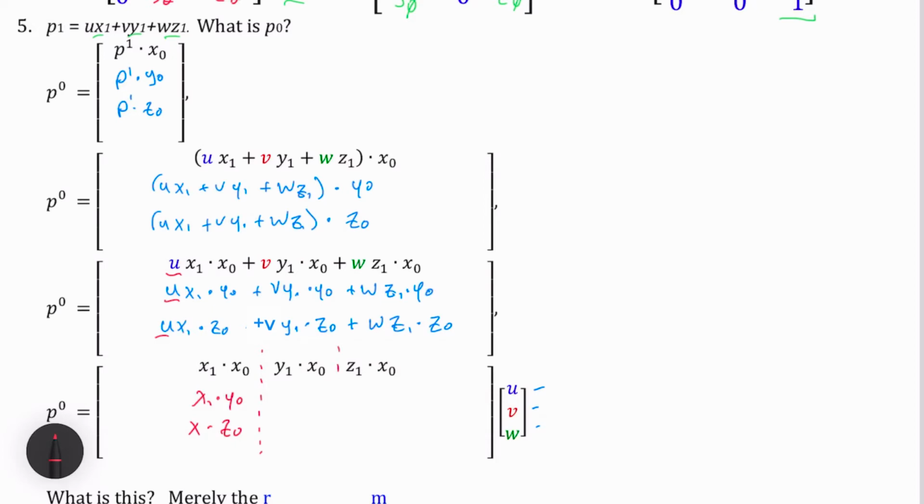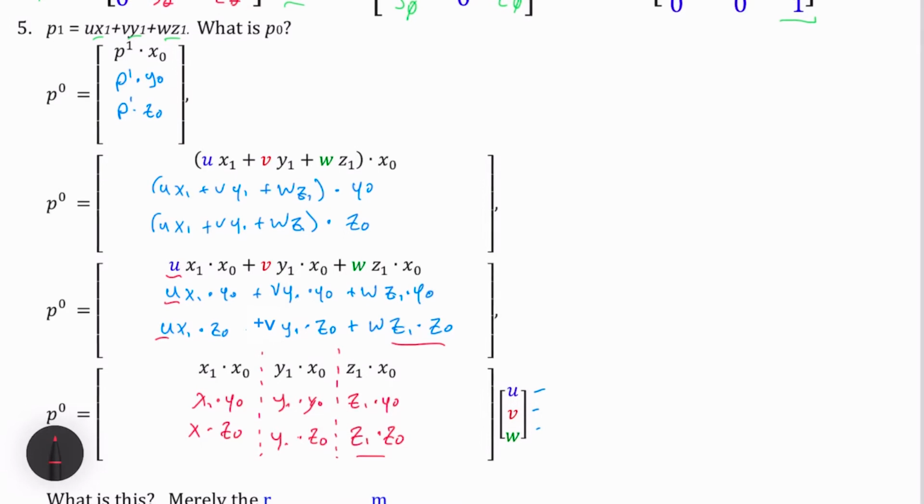It helps if I just show my divisions in here. y1 dot y0 and our y1 dot z0. And then finally we've got our z1. See this term here, it's right there. So we factor that out.